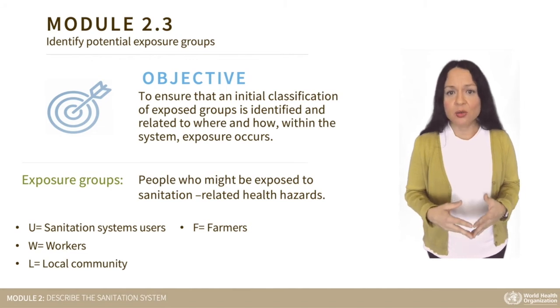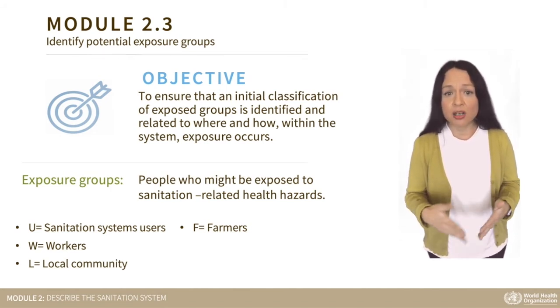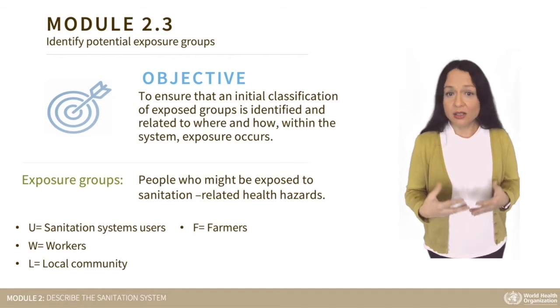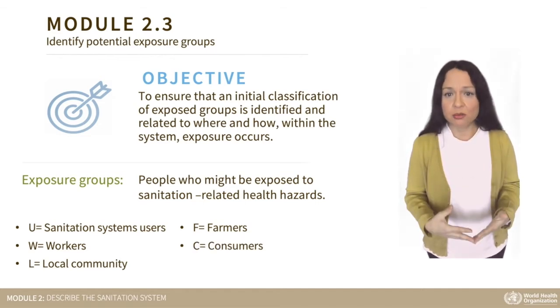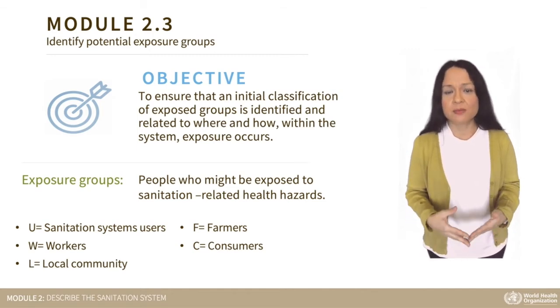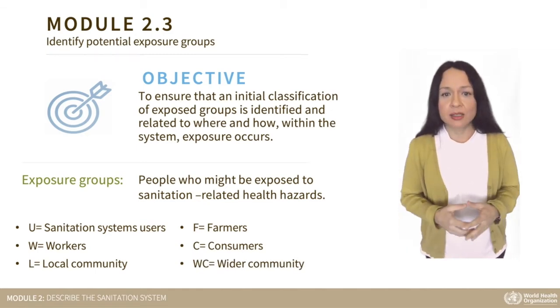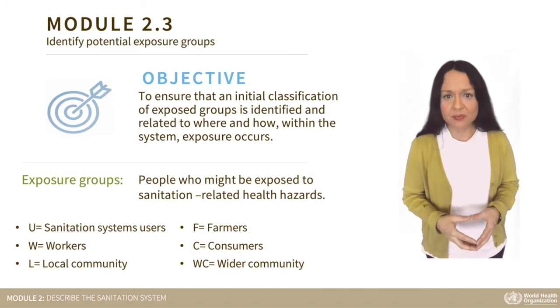farmers, a person who is using the sanitation products such as untreated, partially treated, or fully treated wastewater, biosolids, or fecal sludge; consumers, anyone who consumes products like vegetables or fish that are produced using sanitation products; and wider community, a wider population like lower-lying communities who might be exposed to hazards.